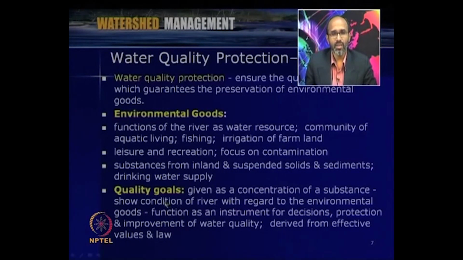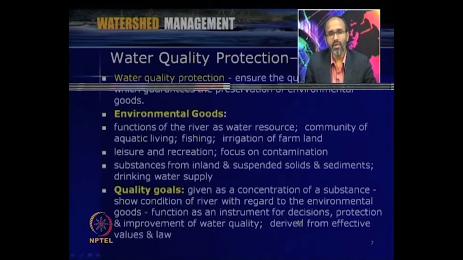These water quality goals show the condition of, for example, a river with regard to the environmental goods, and function as an instrument for decisions, protection and improvement of water quality. These are generally derived from effective values and laws.